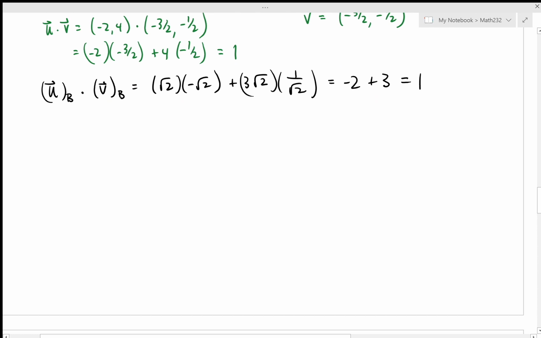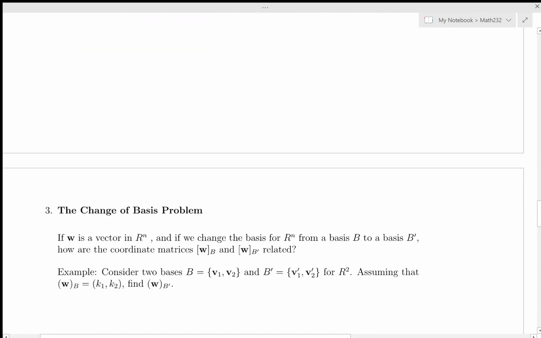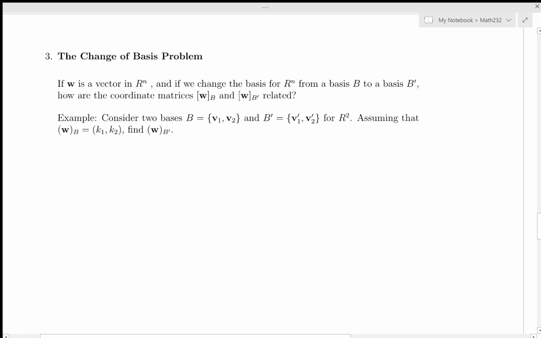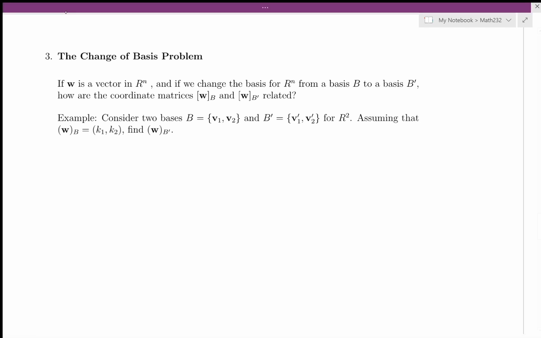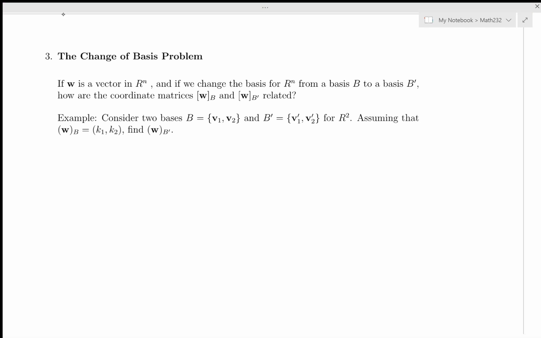Okay, now the main point of this lecture is that we can change the basis. Sometimes if you're trying to solve a problem, you may wish to change the basis so that it's more intuitive what you're looking at. Sometimes it's not as appropriate to reference to the x and y axis. You may want to rotate the basis as per the physical situation that you're dealing with. So we want to have the ability to change the basis.